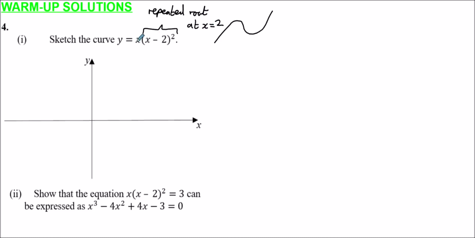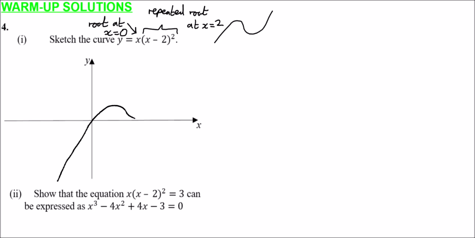And here we see that if x is 0, this is going to make the function equal to 0. And so this bit here tells us that another root is where x equals 0. But it's not repeated because it doesn't have power squared, cubed, or anything like that. So this graph is going to come up through the origin. It's going to curve back down, like so.